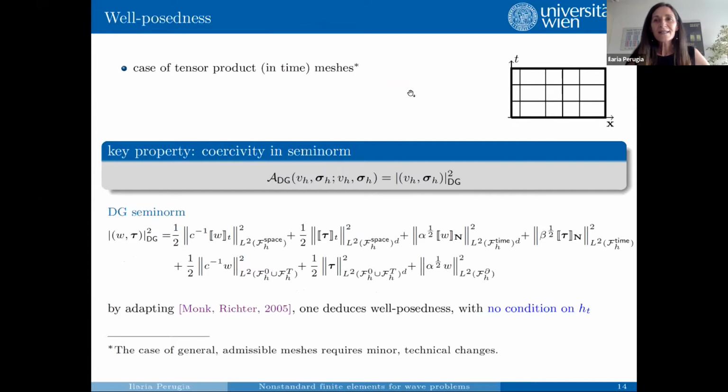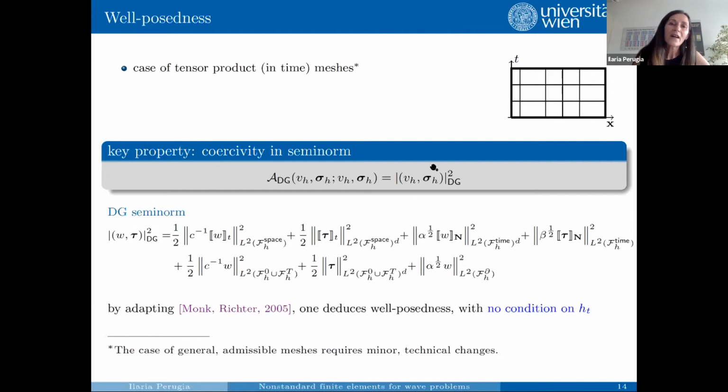So with this setting, it is quite easy to prove well-posedness of the discontinuous Galerkin formulation with the assumptions that I gave. Everything is based on a very important property that I call coercivity in semi-norm.